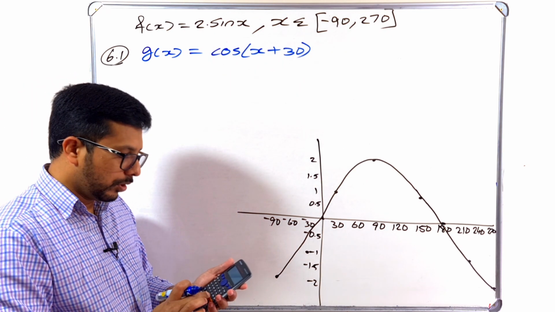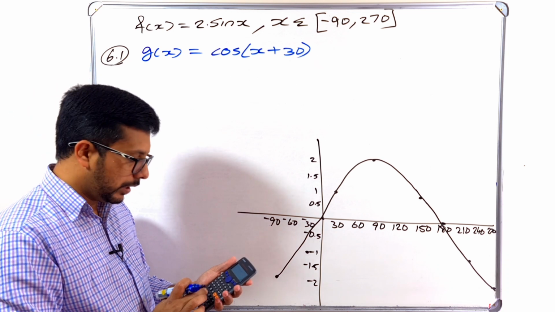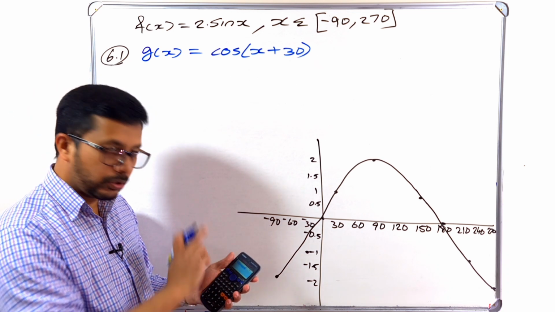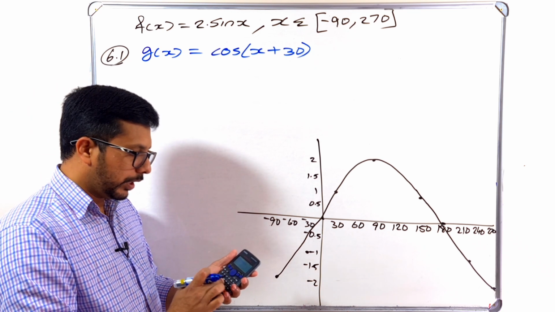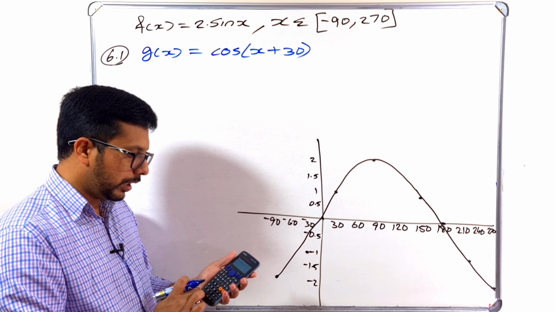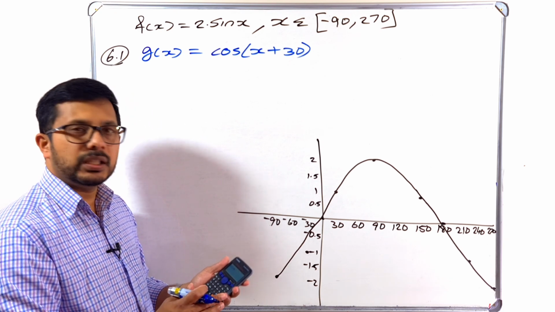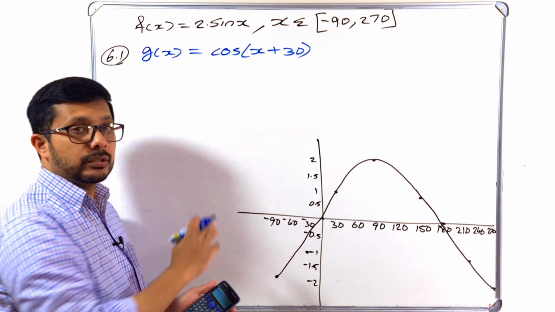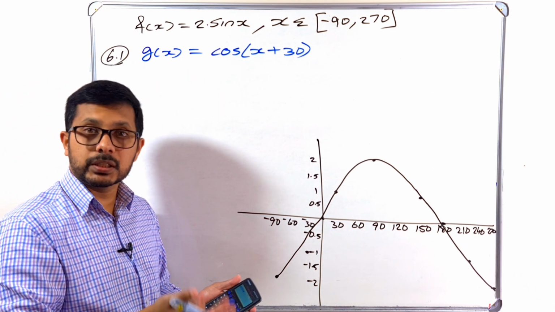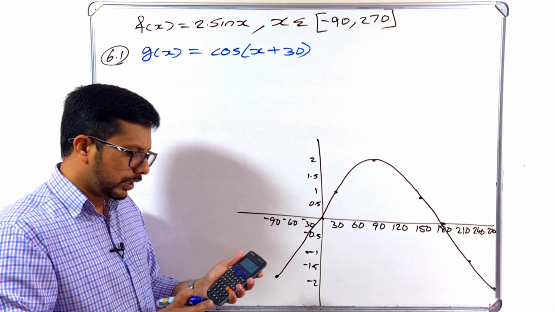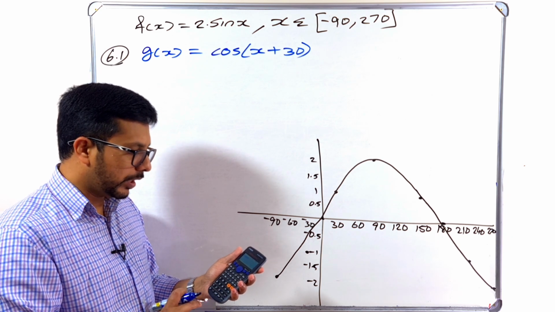Okay, so it is cos, alpha x plus 30, close the bracket, equal to g of x. Here actually we are drawing g of x, but here we are typing it as f of x, that's the only difference. So you can just skip that one by pressing equal to again.